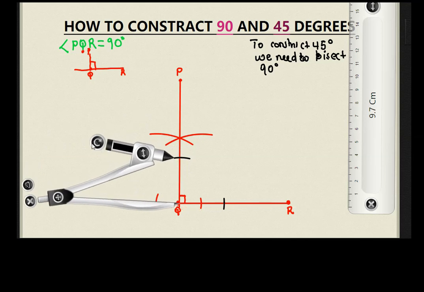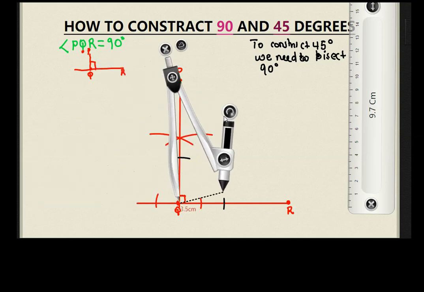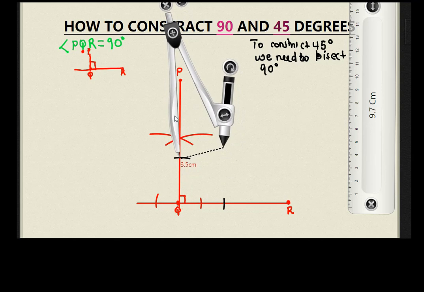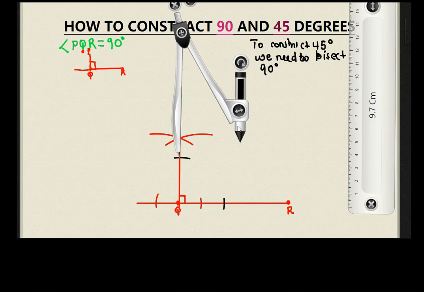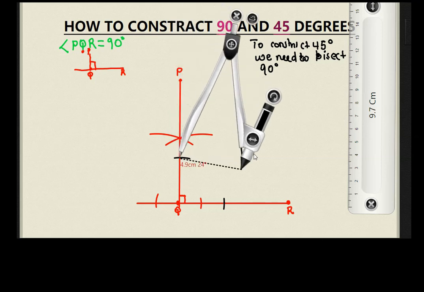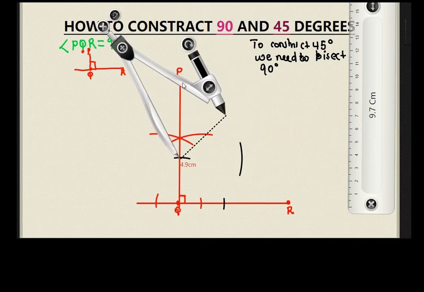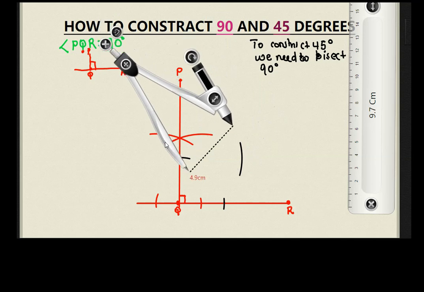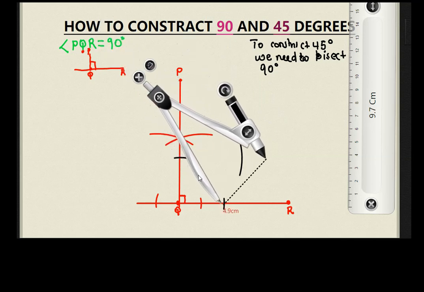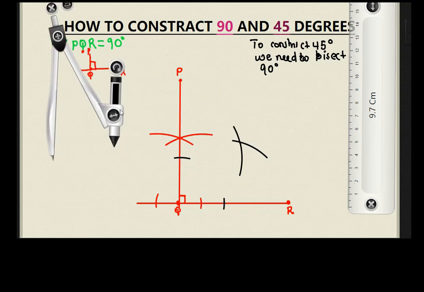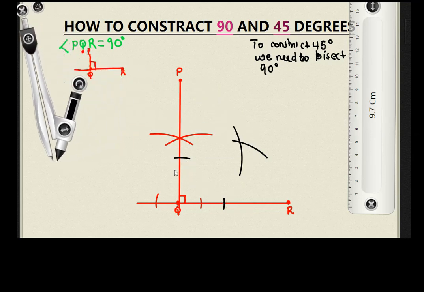After I've done that, I can now adjust the radius of the compass or leave it like that, and then transfer the point at this point and draw another arc. I'll transfer it to this point also, such that I can draw another arc. We have our point of intersection.